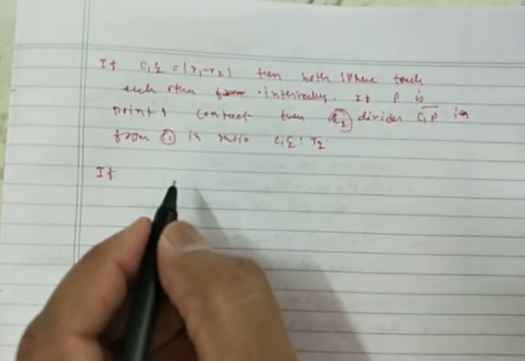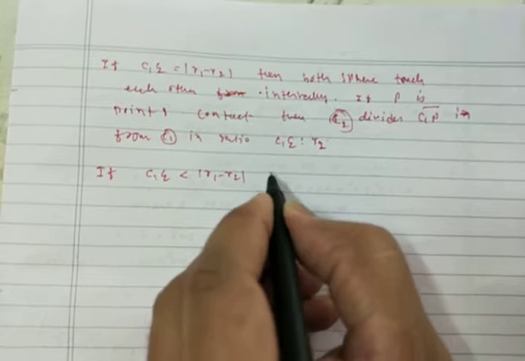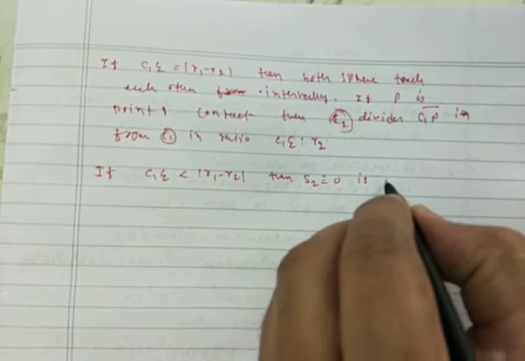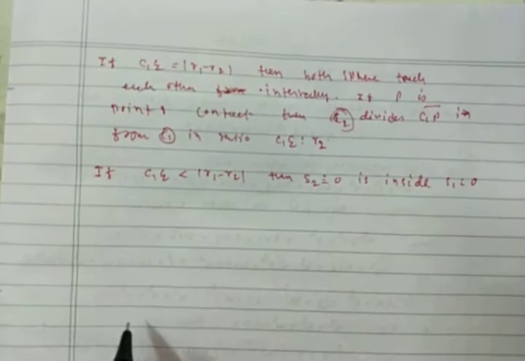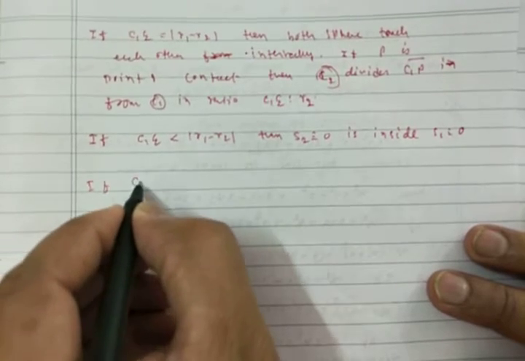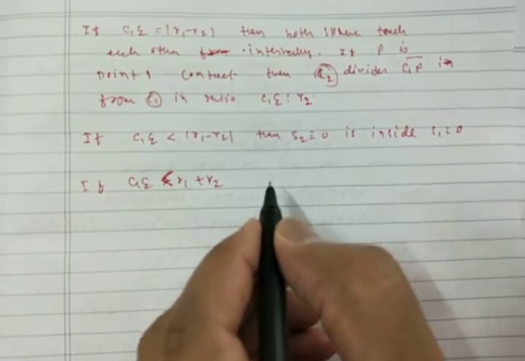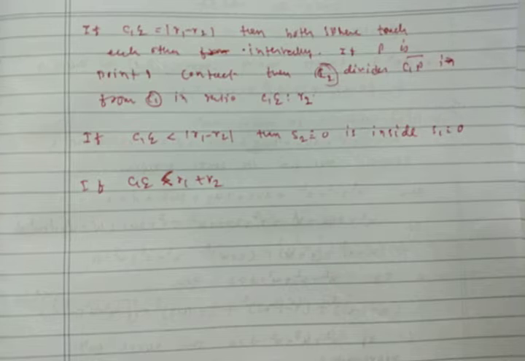If C1C2 is less than the magnitude of R1 minus R2, then sphere S2 equal to 0 lies inside the sphere S1 equal to 0. If C1C2 is less than R1 plus R2, then both spheres intersect in two distinct points.